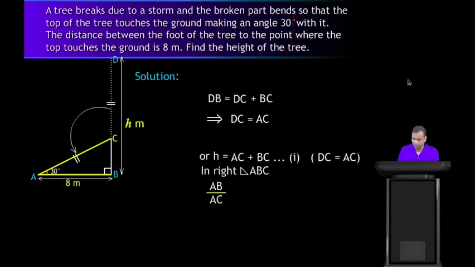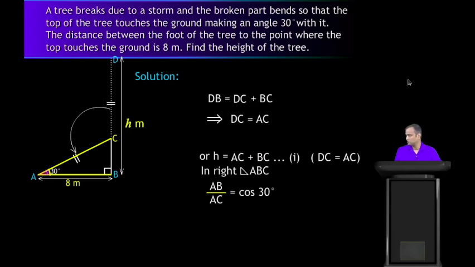Now what is AB? Yes, tell me. AB is which side? It is the adjacent side. What is AC? Yes, very good, it is the hypotenuse. So which trigonometric ratio is equal to adjacent upon hypotenuse? Yes, very good answer, it is cos, and the angle is 30 degrees. So it is equal to cos 30 degrees.